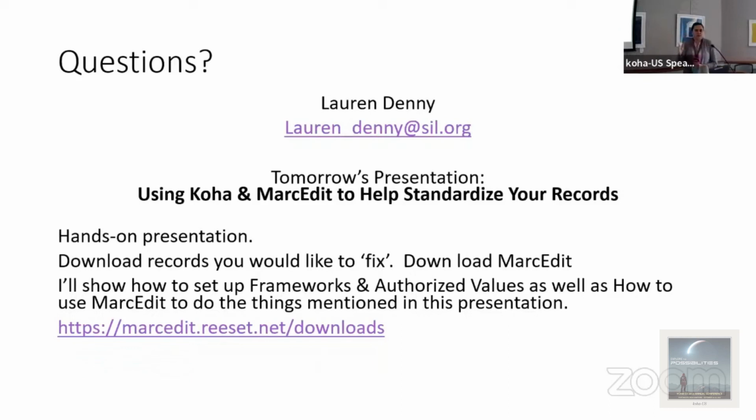Because that took me a while to figure out, what all of those indicators mean. And once you get the hang of it, it's like, what? You can do all this fun stuff, but getting the hang of it, it's advanced cataloging. One more question. Okay.